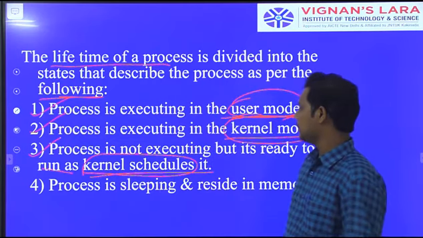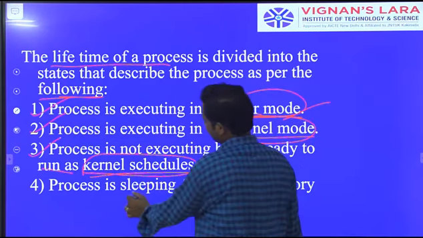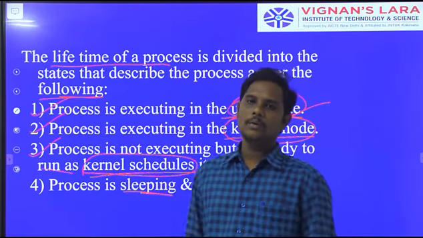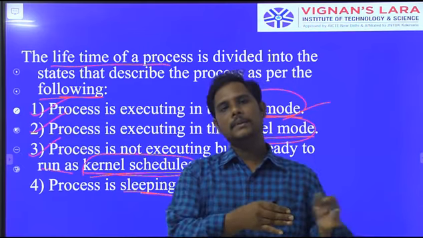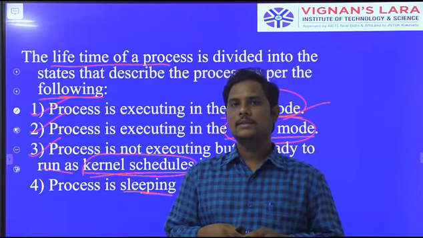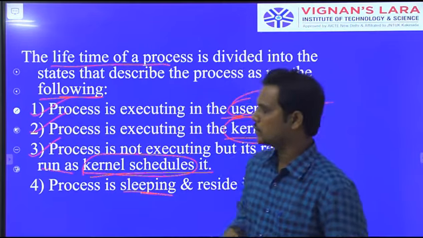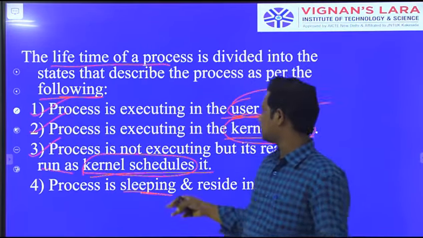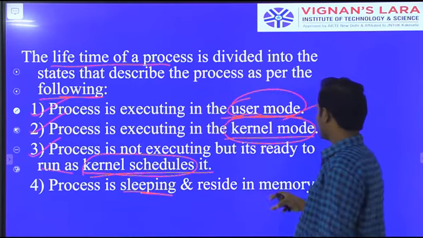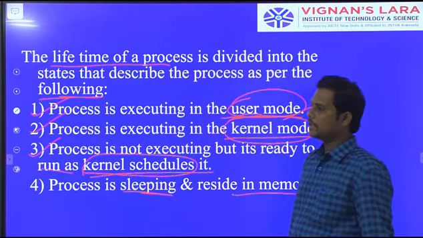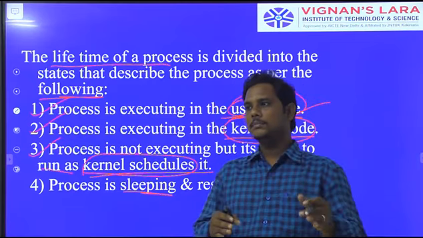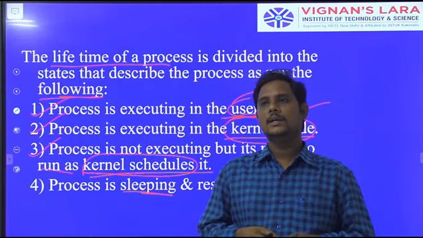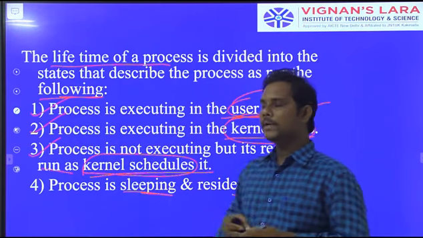Next, the 4th step is the process in a sleeping state. This is one type of job control. How much time we put a particular process to sleep, the waiting state. I will show you that the sleep command is there. Here the process is sleeping or residing in the memory. Sometimes we put a process in the sleeping state because the kernel is very busy now.